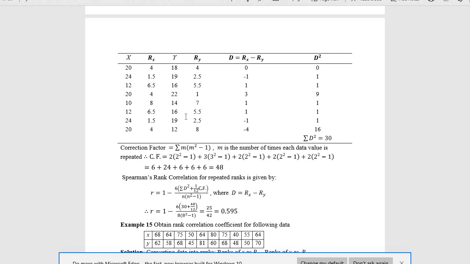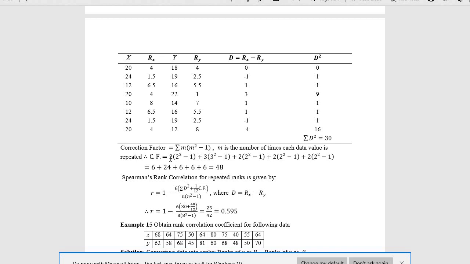Then the Y series: first rank, second and third ranks are sharing, and 4th, 5th, 6th are sharing here, 5.5, 5.5, etc. Then calculate the differences, sigma d square. And for the correction factor, count how many times a data value is repeated.